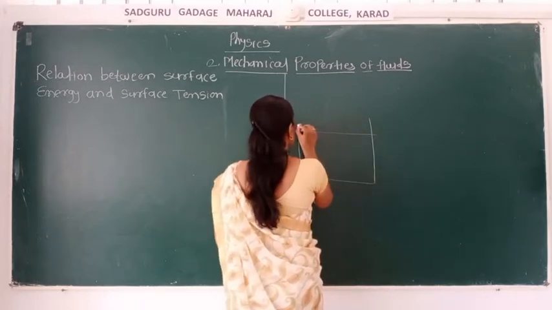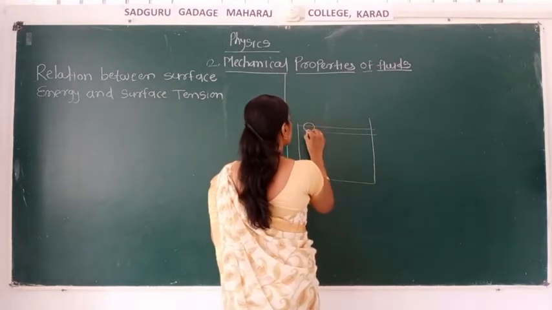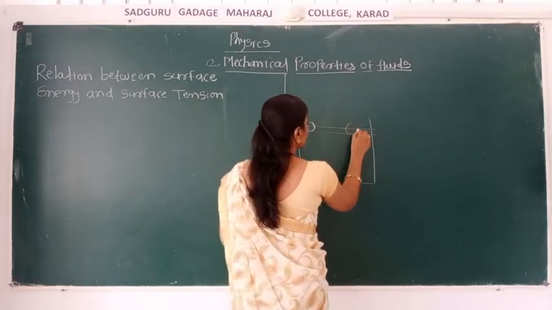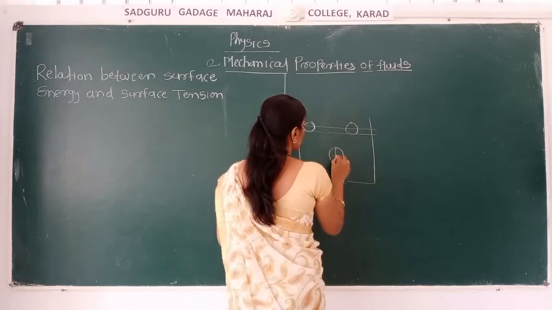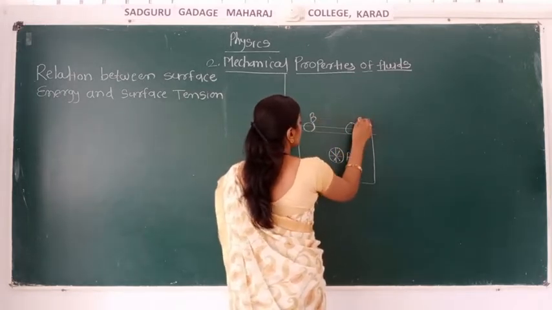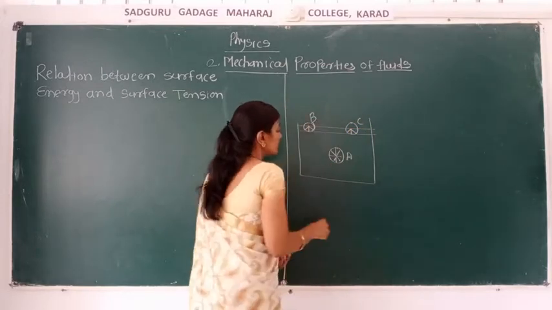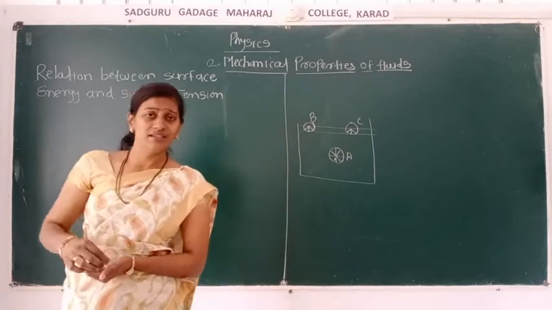Here the surface film is present, and some molecules are present in it. I am not drawing a big diagram, I just want to inform you. It is A, it is B, it is C.